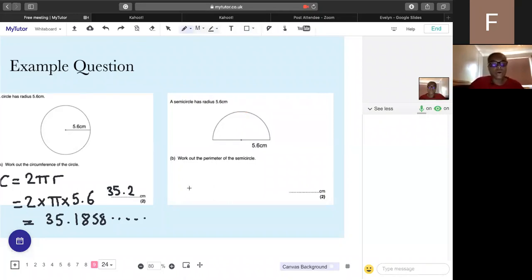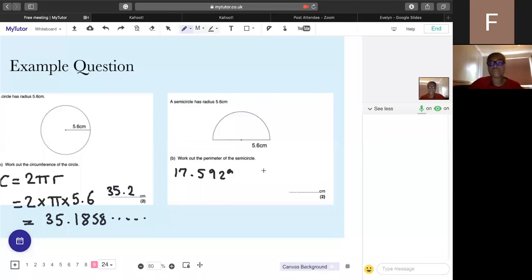So we've got 35.1858. Hopefully this is still stored in your calculator, so you can press your answer button and divide it by 2. So that length there will be 17.5929.